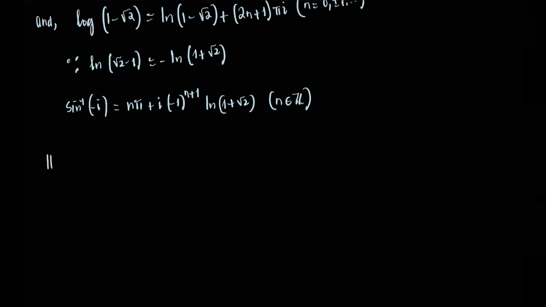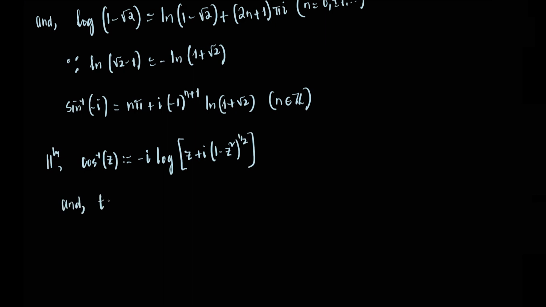Similarly, please check this part, you can also find that cosine inverse z, with exactly the similar sort of thing, is minus i logarithm of (z plus i (1 minus z square) whole power half), and tan inverse of z is equal to i by 2 times logarithm of (i plus z) by (i minus z).